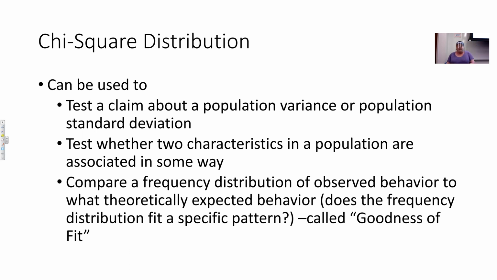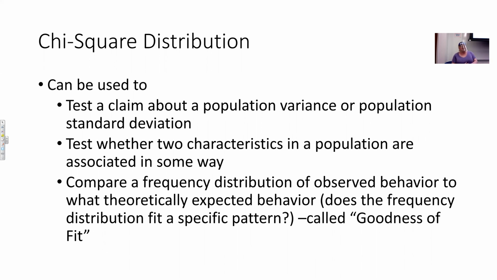The second one is called the chi-square test of association. We test whether 2 characteristics within a population are somehow associated. You know, is your age associated to your blood pressure? Is your height related to your weight? It's called the test of association.